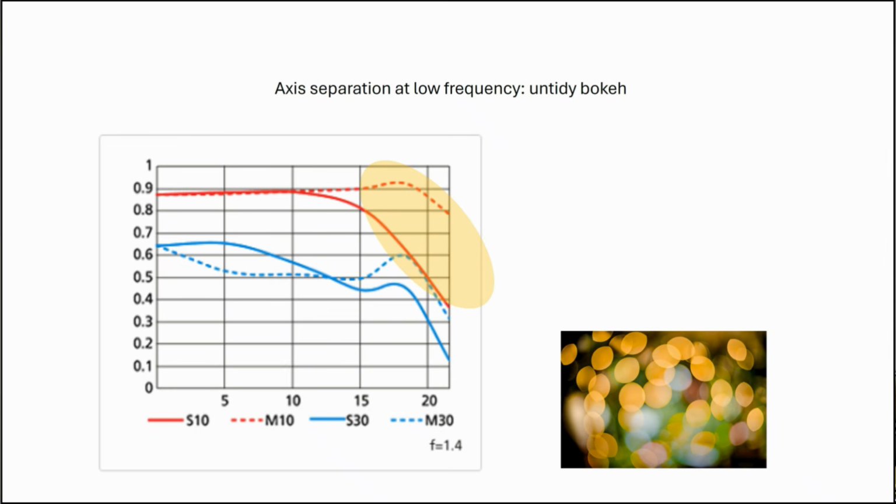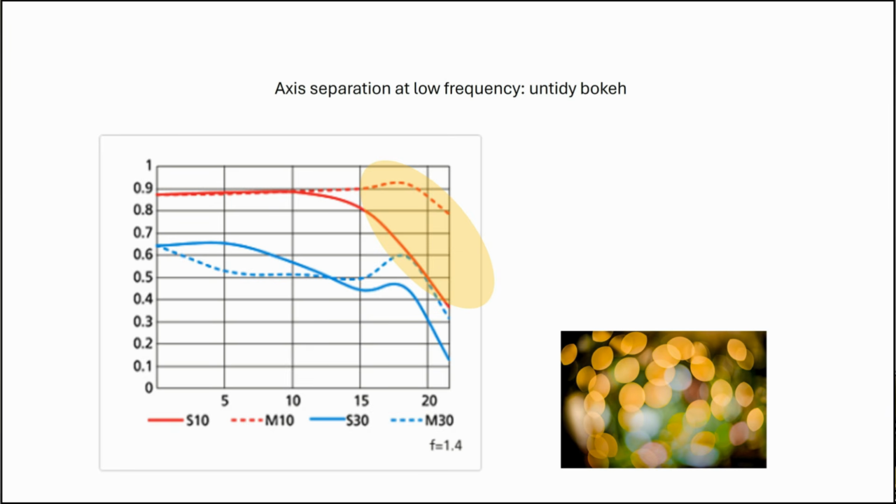A lens like this would not be very good in resolving fine details. A separation between the axes can occur also on the global contrast line. That happens usually closer to the edges of the frame. And practically it means that the bokeh is not expected to be quite perfect.